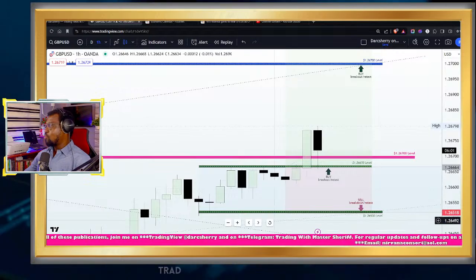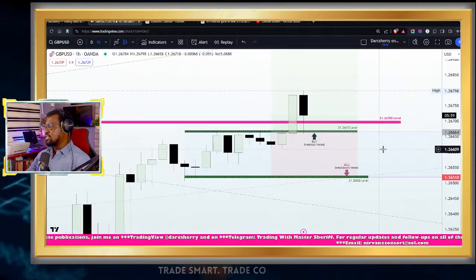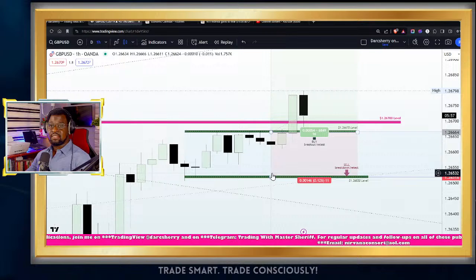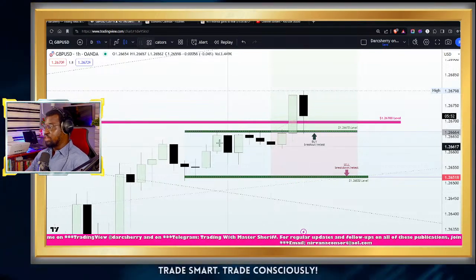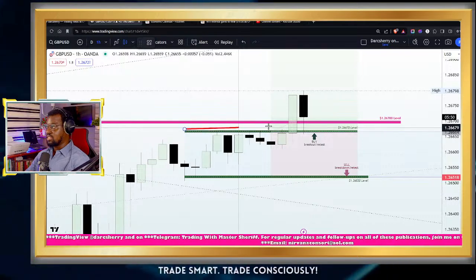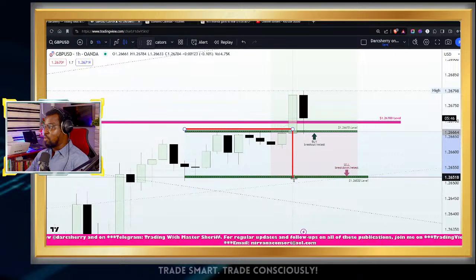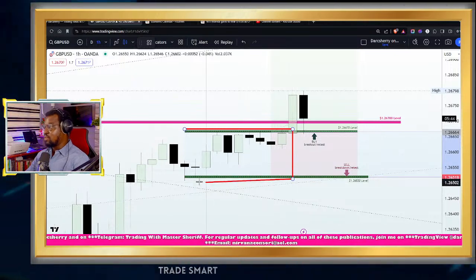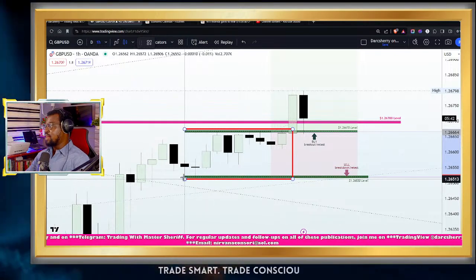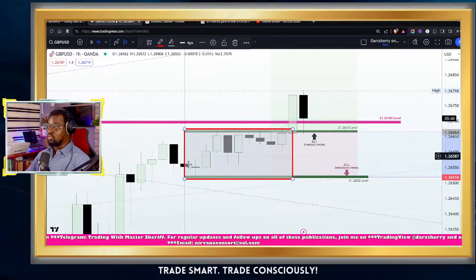Now, if we look at this current structure since the week began, the first 9 to 10 hours was more of price action trading within the 1.26670 level, which is the resistance line at that point, and the support line where price action started this week at the 1.26520 area.